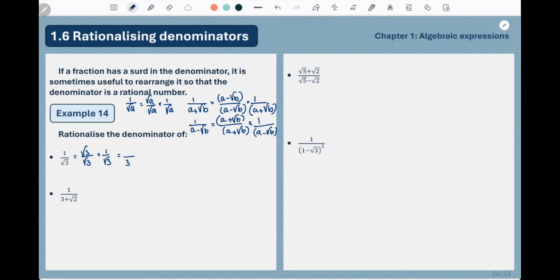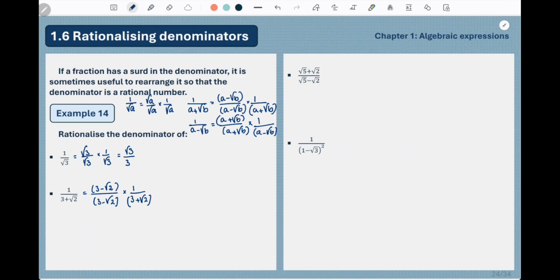So it becomes 3 there, and this one simplifies to square root of 3. So in this case, which one am I going to use? I'm going to use the second one. A minus, in our case, a is 3 minus square root of 2 over 3 minus square root of 2 times 1 over 3 plus square root of 2.